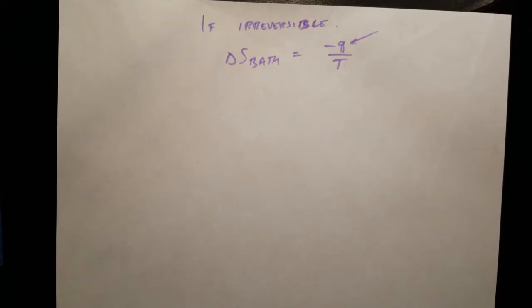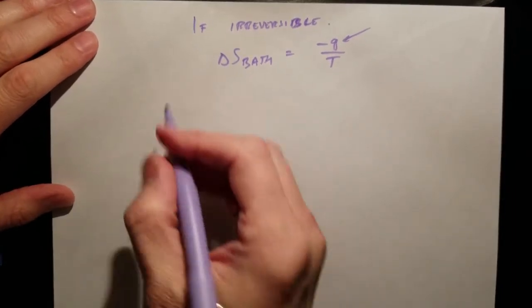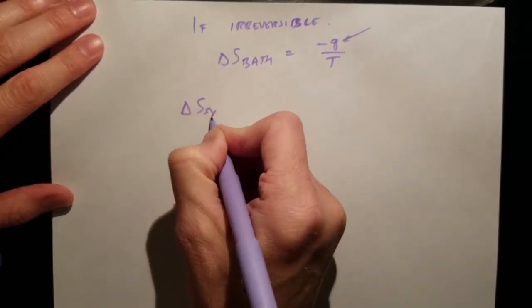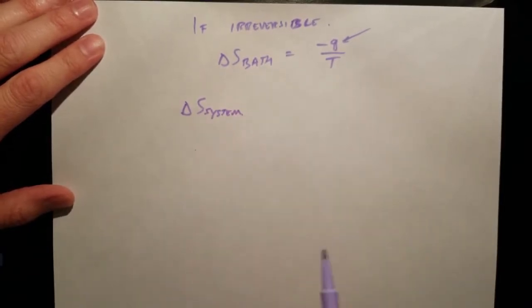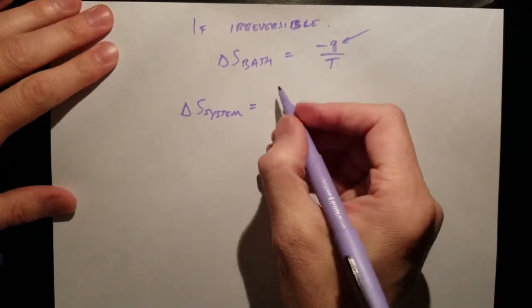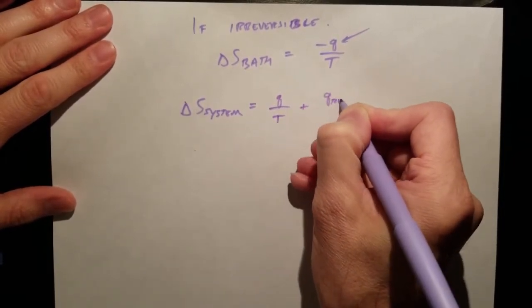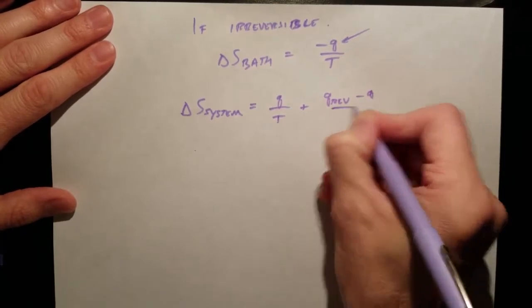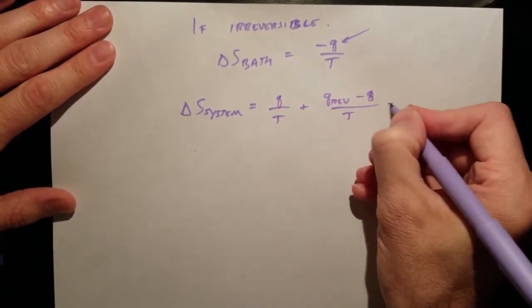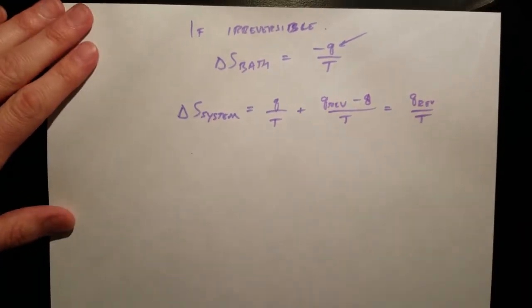And delta S system is equal to Q over T plus Q rev minus Q over T, which is equal to Q rev over T.